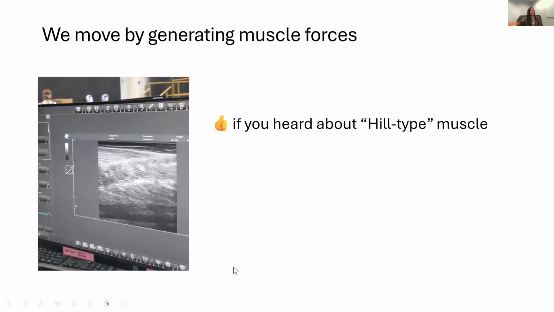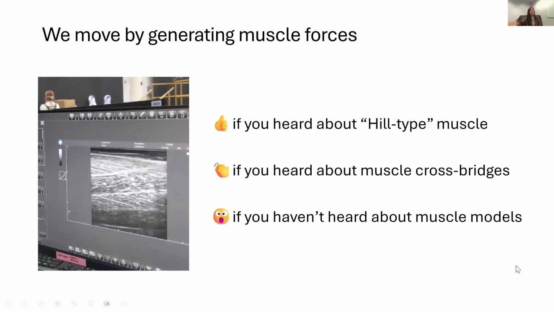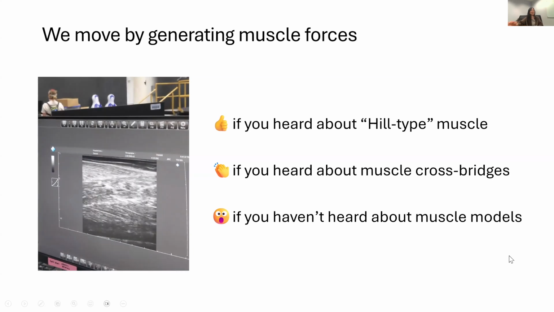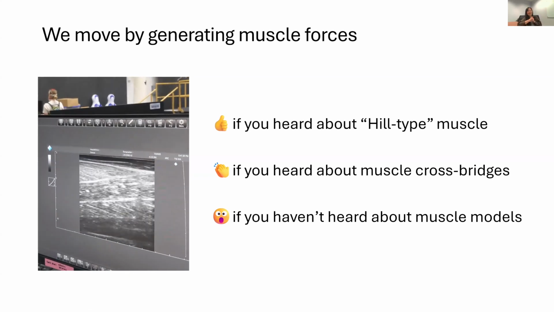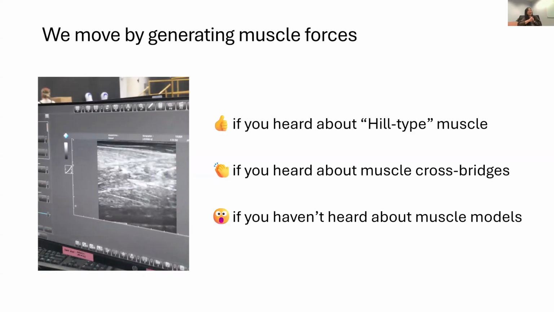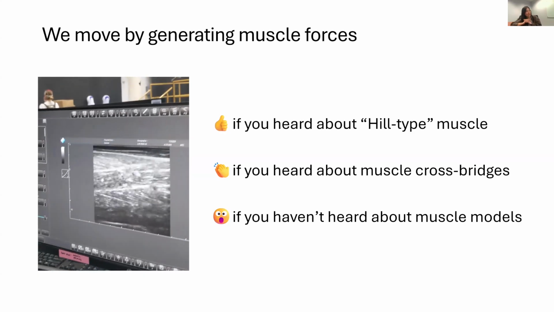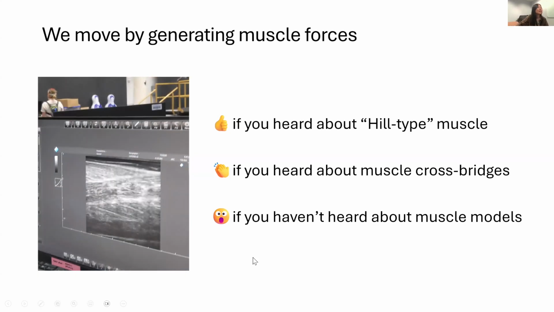So about modeling the muscles, I'd like to see how familiar people are with muscle models. There's the reaction button on the Zoom. Can you indicate whether you have heard about the Hill-type muscle model by giving a thumbs up? And if you have heard about cross-bridges, clap. And if you are not familiar with either of those, please do the surprise one.